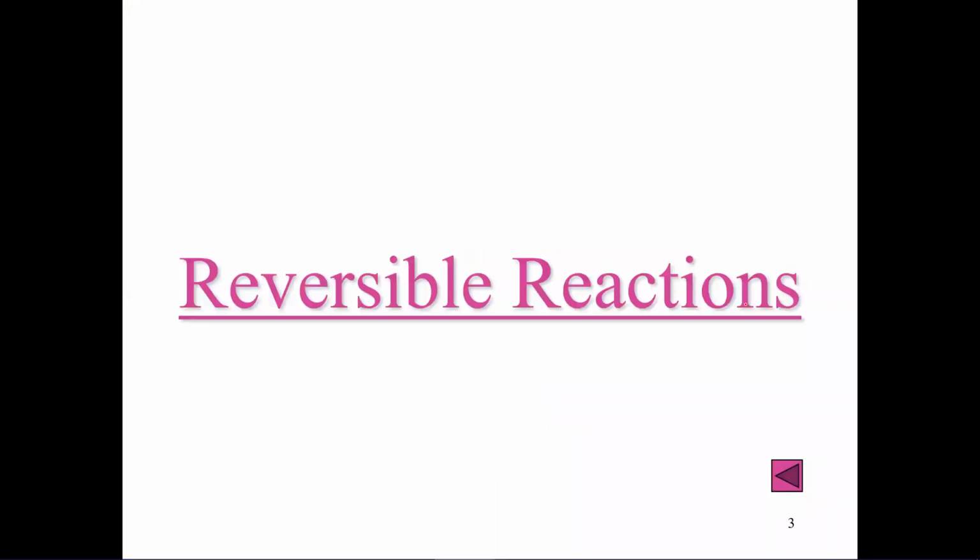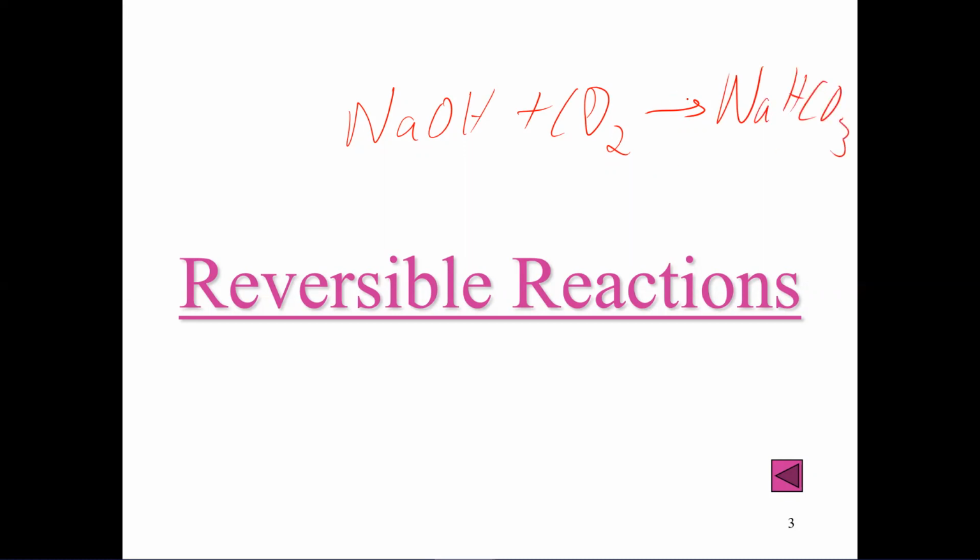The key thing to understand about the nature of reactions is many of them are reversible. And if you start off with a very simple one like this, sodium hydroxide plus carbon dioxide leading to sodium hydrogen carbonate, this will go in both directions depending on what the conditions are.